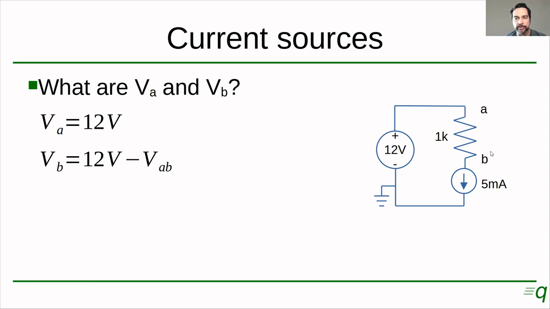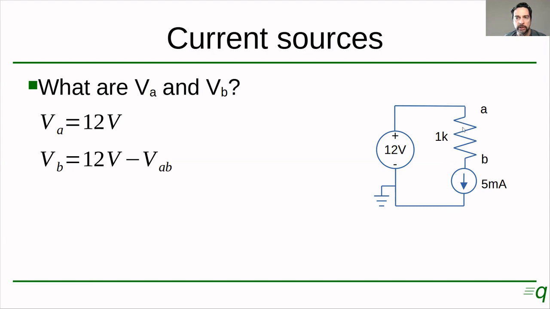The voltage at point B is not 0 volts because the negative side of the ground is not connected directly to point B, but through a current source, okay? But this makes it fairly easy to know the voltage drop because we know that the current is 5 milliamps.